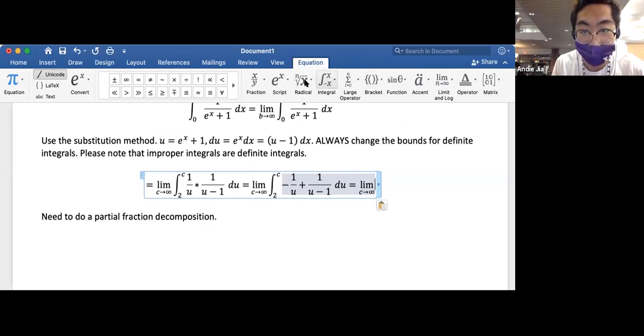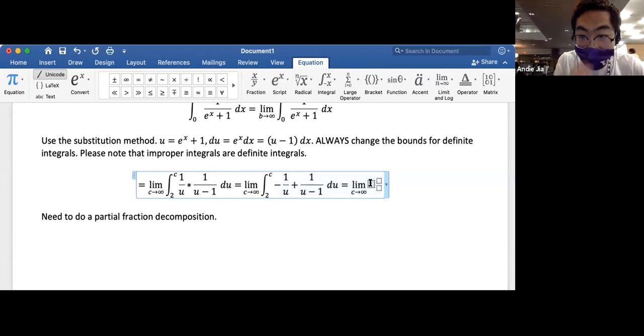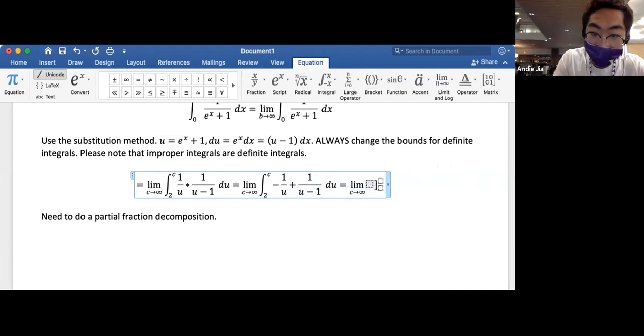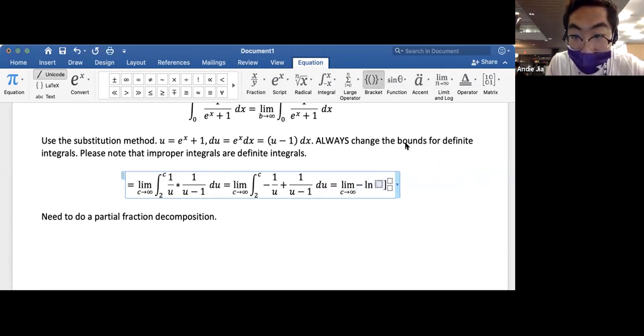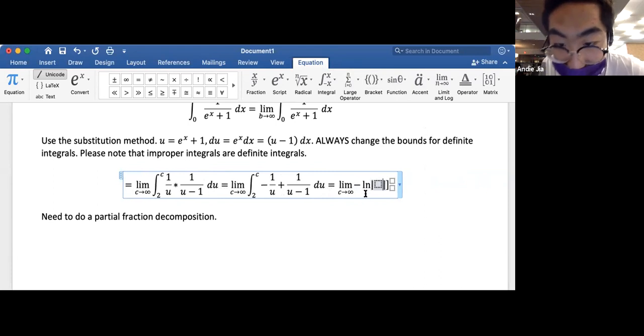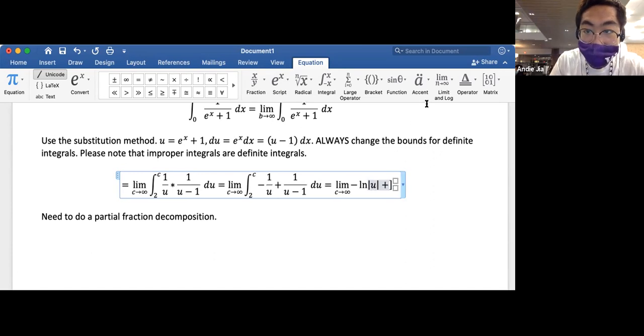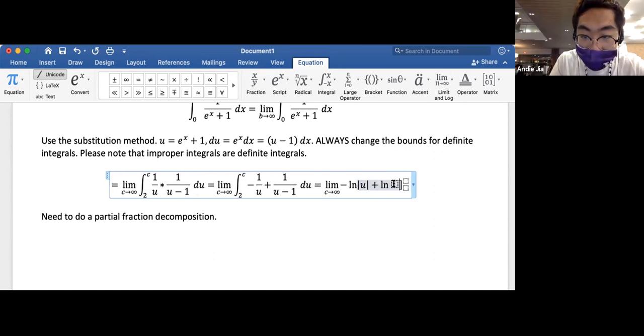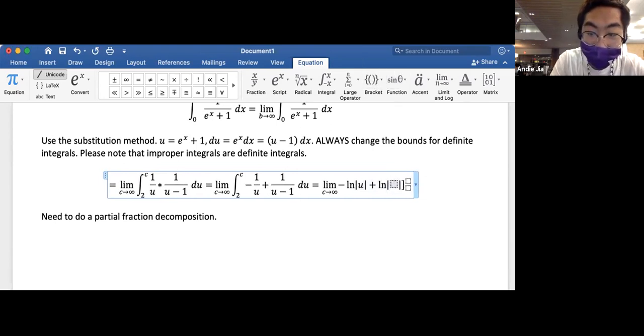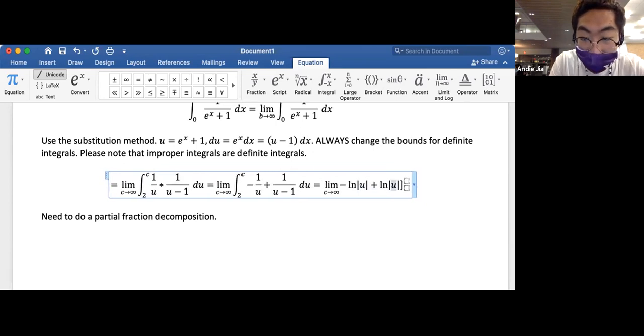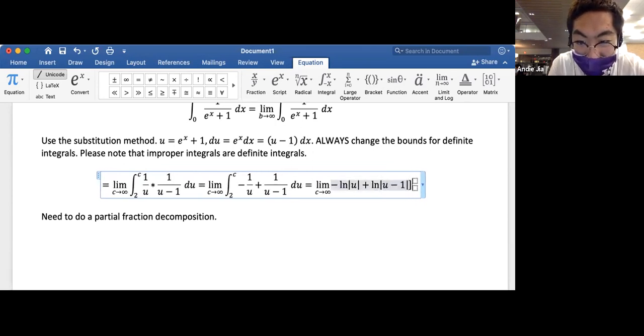So we have negative natural log of absolute value of u, make sure to put the absolute value sign here, plus natural log of absolute value of u minus 1, from 2 to c.